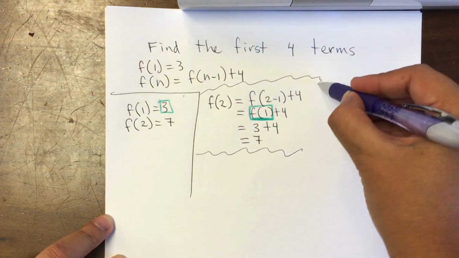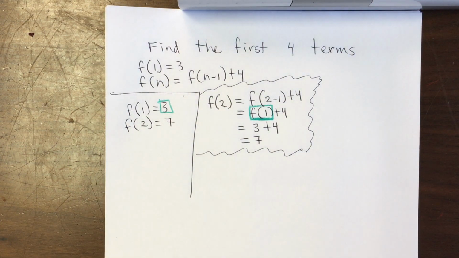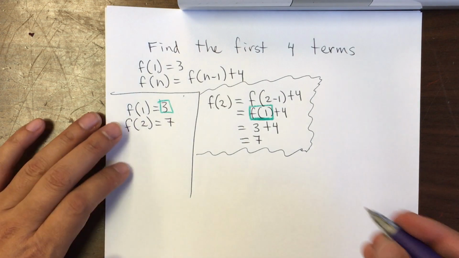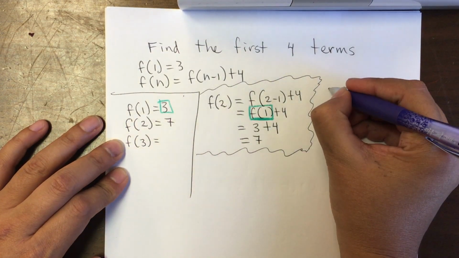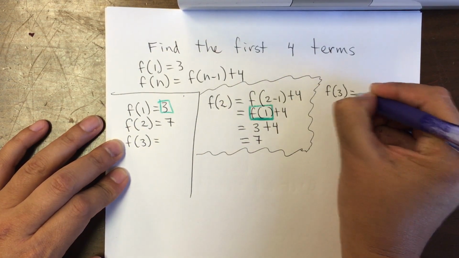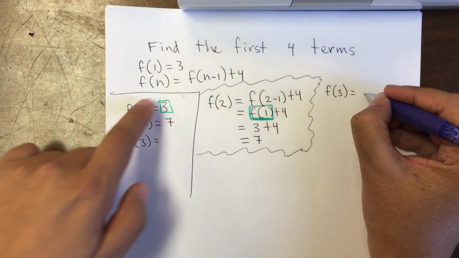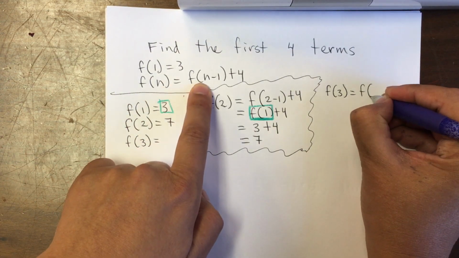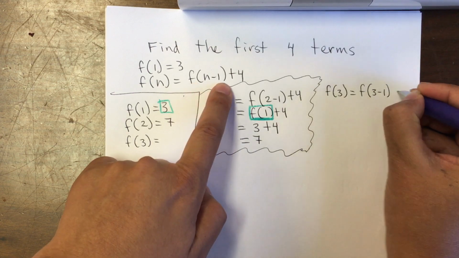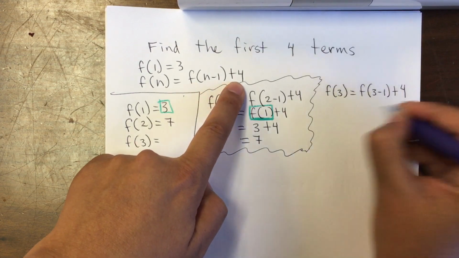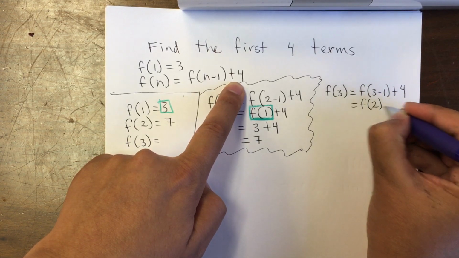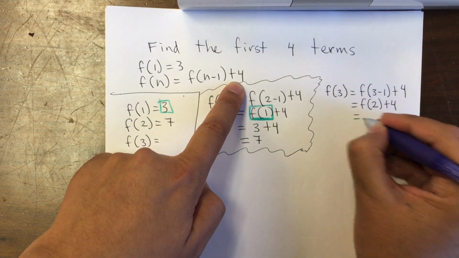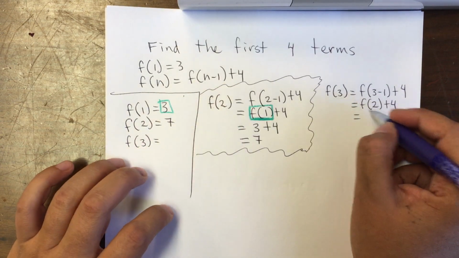I'm going to go kind of slow in here because I don't want to lose you, to make sure that you follow me. Now I'm going to find f of 3. Again, f of 3 means replace the 3 in the n. So f of 3 minus 1 plus 4, which is f of 2 plus 4. But f of 2 doesn't mean the number 2.